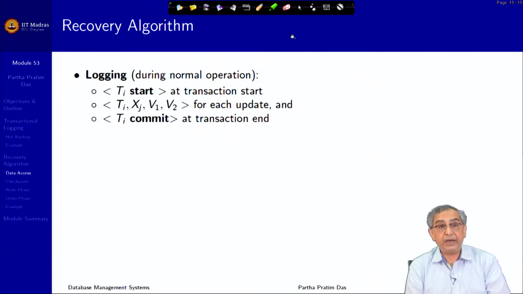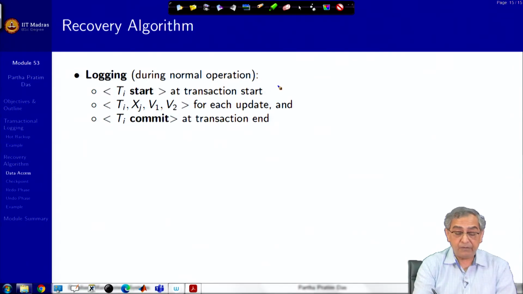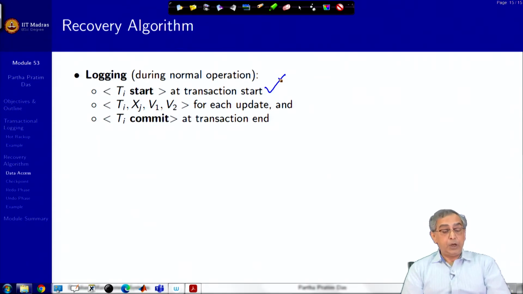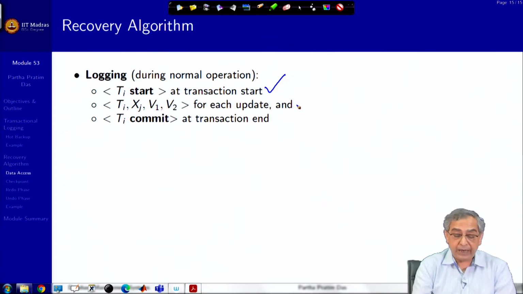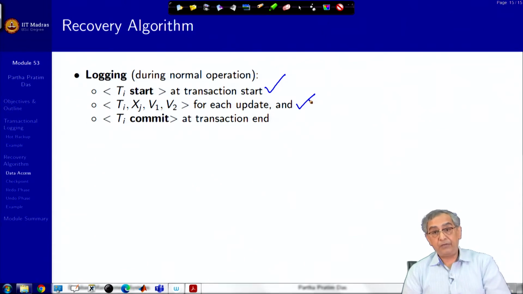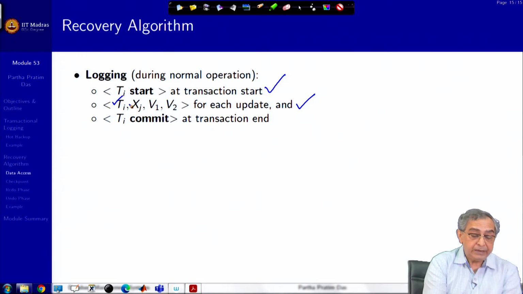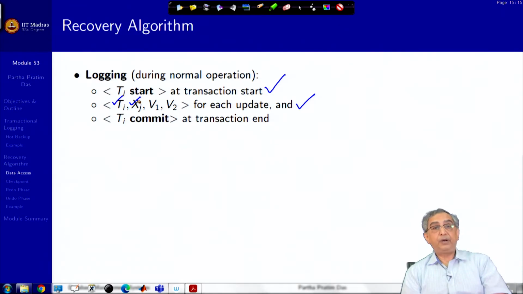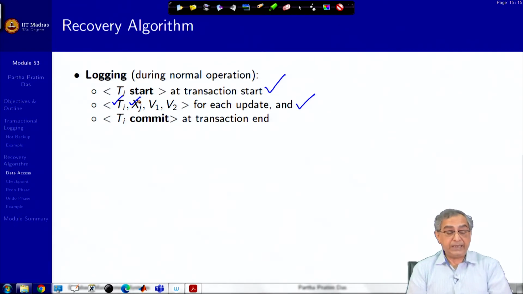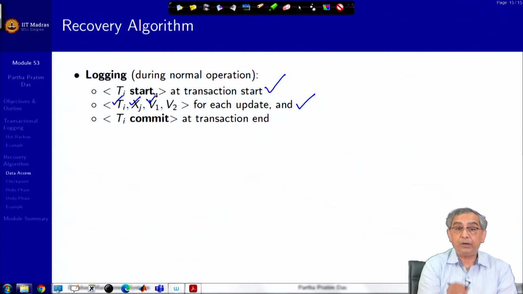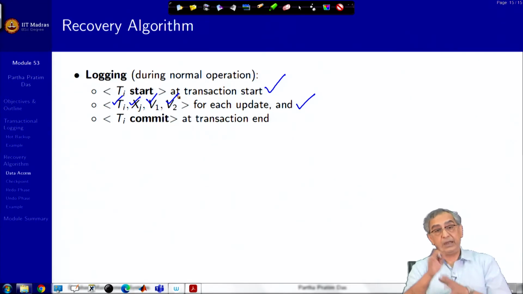So, the recovery algorithm, as we saw, during normal operation would have logging, which is very simple. Every transaction has a log record Ti start. For each update that it does, it will have Ti changing the value of xj from V1, which is the old value, to V2, which is the new value.